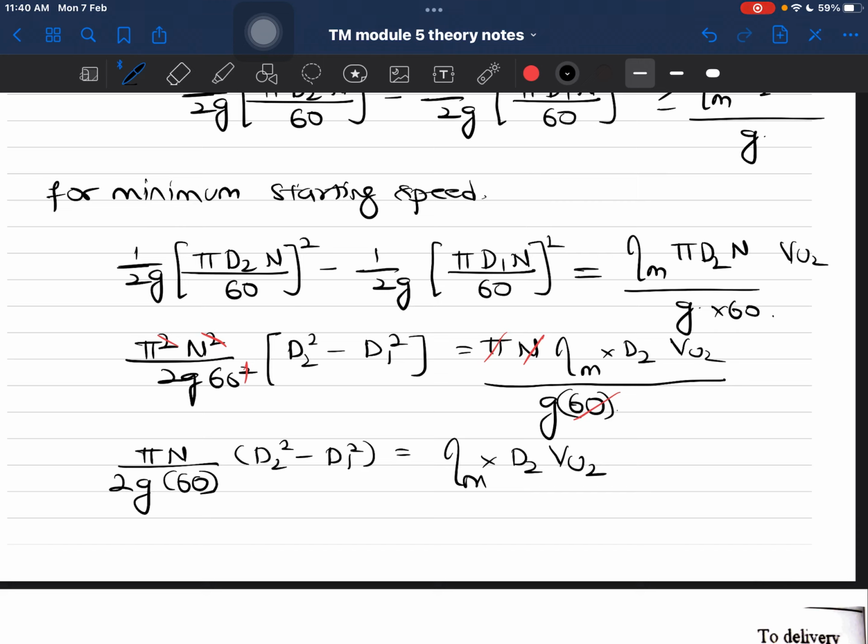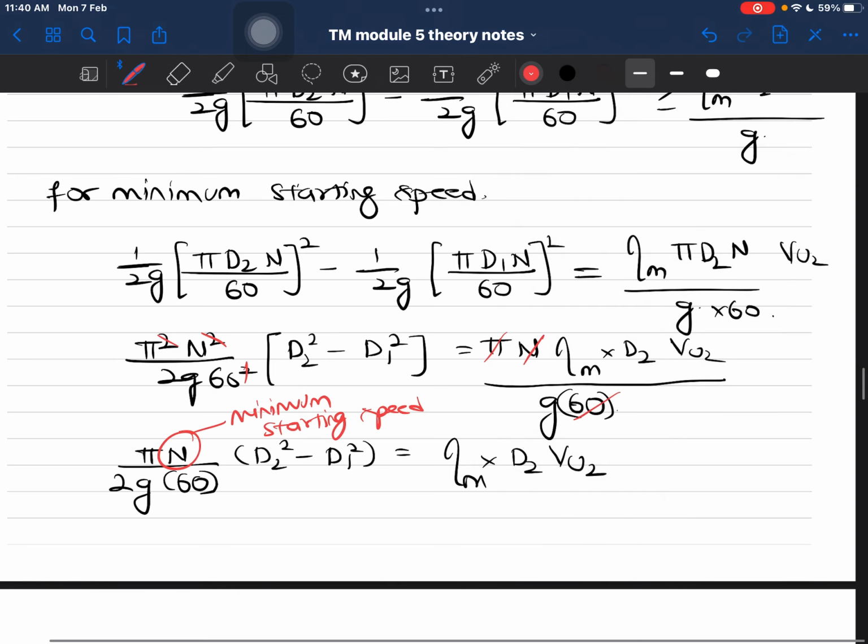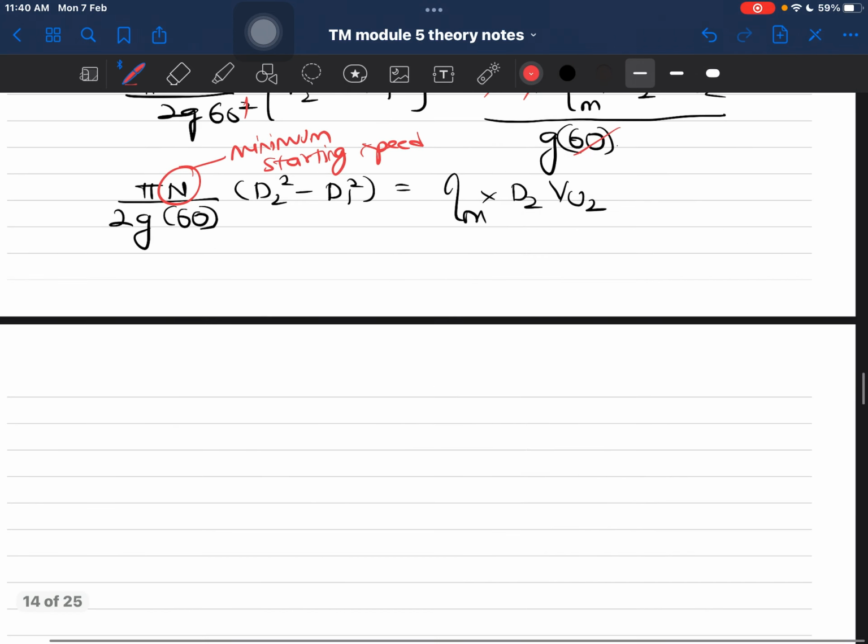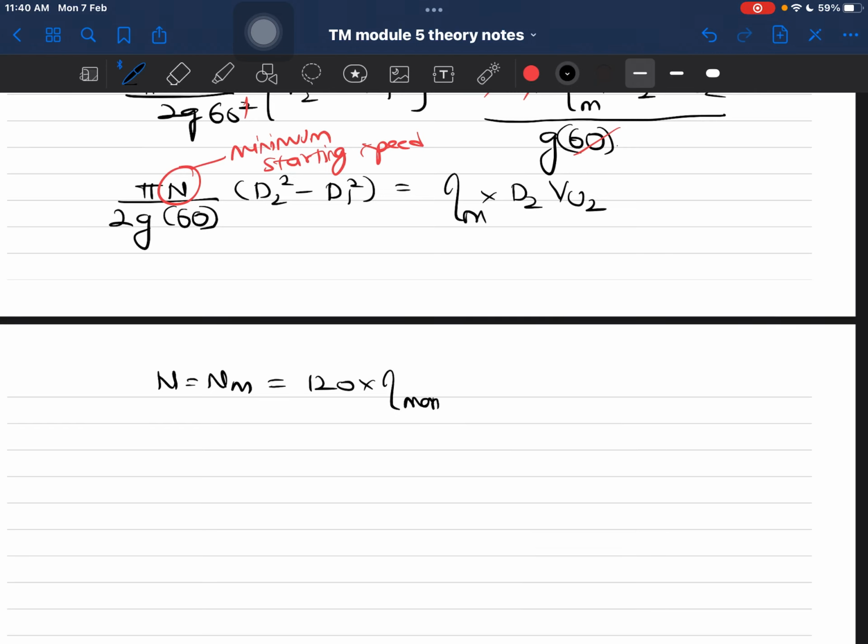Now whatever N you have, this is the minimum starting speed. Therefore, extracting N from the above equation, N is equal to Nm, that is equal to 120 into eta manometric into d2 into VU2.